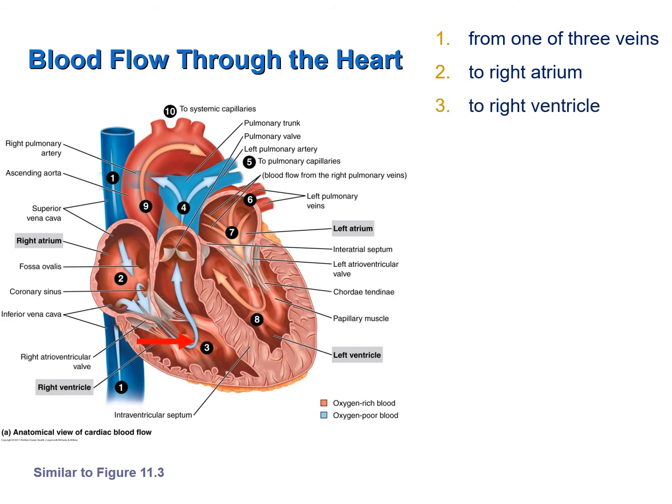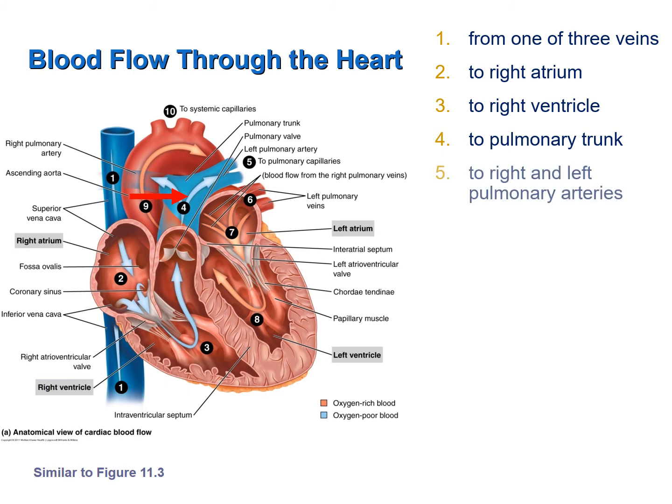When the right ventricle contracts, it creates a pressure gradient that moves blood into the pulmonary trunk. The pulmonary trunk then branches into two right pulmonary arteries and two left pulmonary arteries, which take the deoxygenated blood to the right and left lungs respectively.